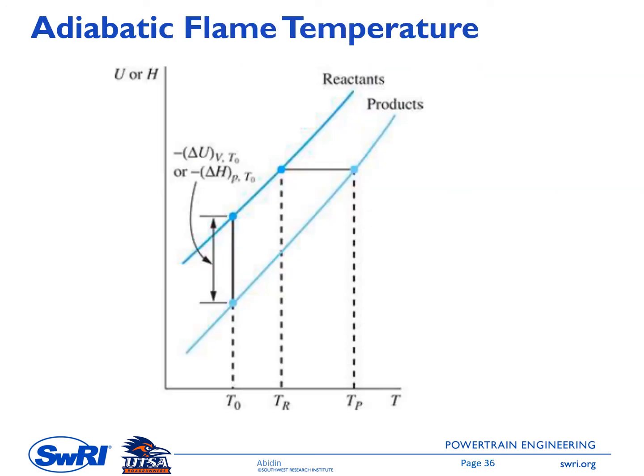And then adiabatic flame temperature, it should be a quick review from Thermo 2. Adiabatic process, so it means Q equals 0. So in this case, we have UR equals UP. And the temperature of the product, TP here, is called adiabatic flame temperature.